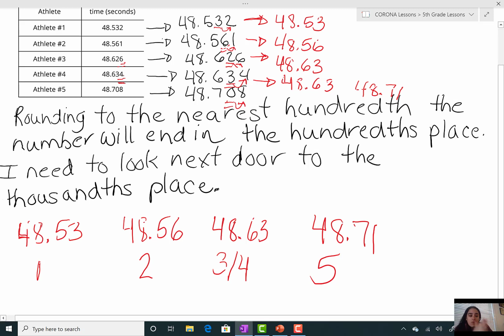But if you did want to put them in order, athlete 4 is slightly faster than athlete 3. So here, rounding to the nearest hundredths place is important, those hundredths of a second in a swimming race, to really tell the difference of who came in first versus who came in last.